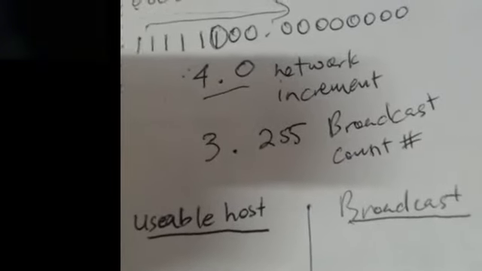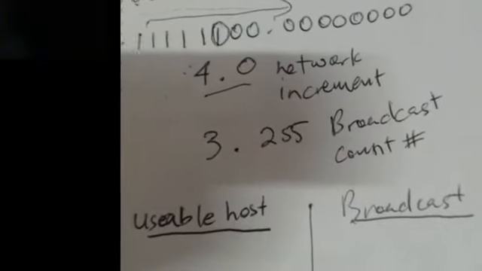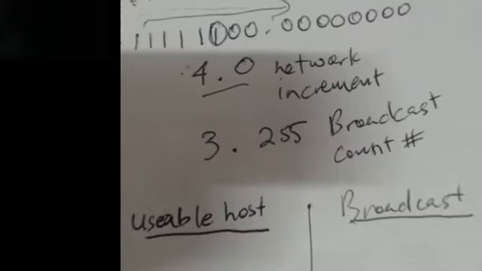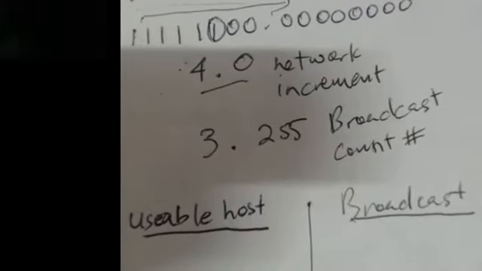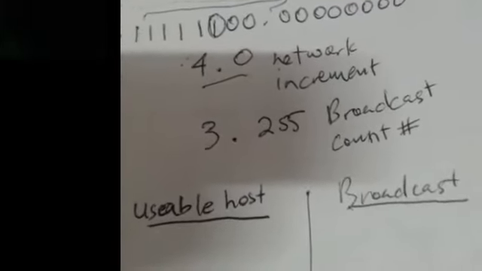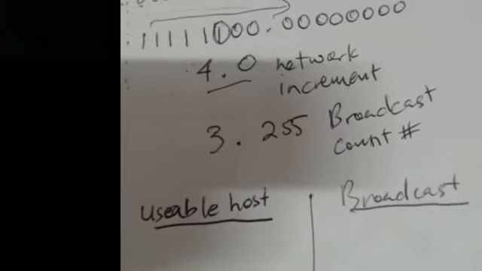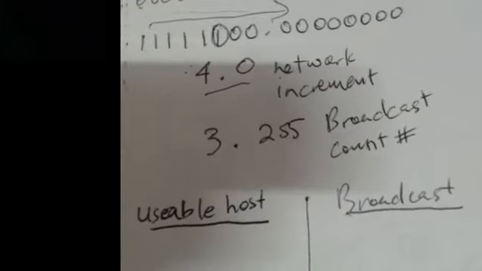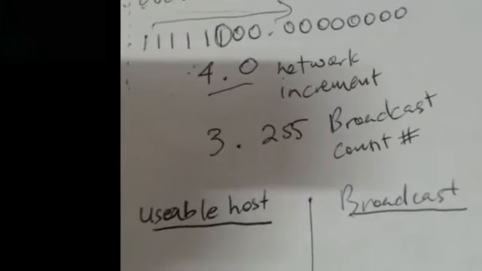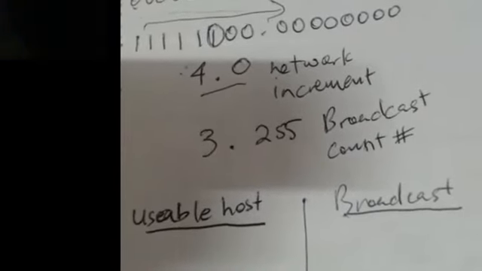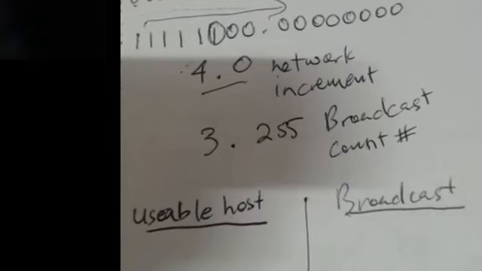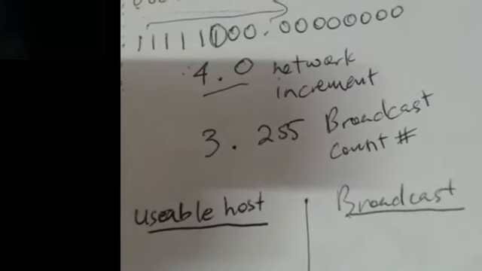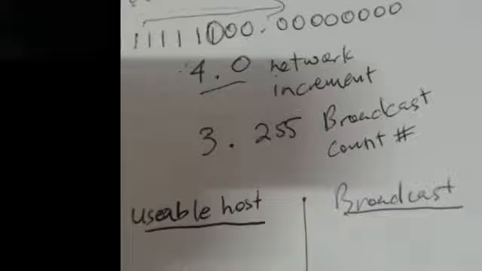Remember, our network increment we use to find the subnets. The broadcast count number we use to find the last address, the broadcast address for each subnet, which in this case is 3.255. So we're going to add 3 to 4, third octet to third octet, fourth octet to fourth octet.